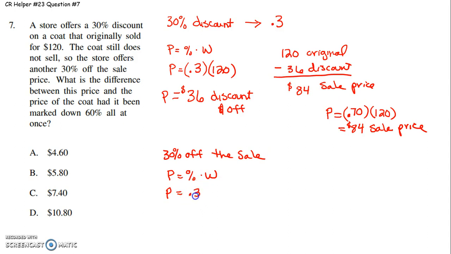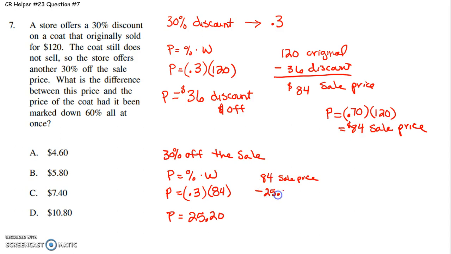So now I would take 0.3 times the new price of $84. That's what we're now taking the 30% off of. So if I multiply that, I find out I'm going to take an additional $25.20 off.